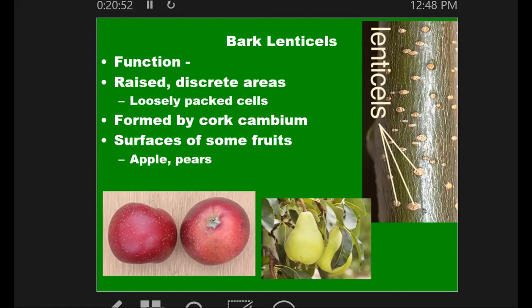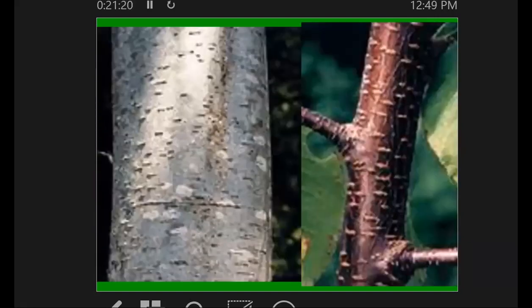Some apples and pears will have lenticels, but they're not produced from a cork cambium. They call them lenticels because it's the same function. It's these looser patches of cells to allow for airflow, essentially. So not because of a cork cambium per se, but it has the same function. So bark lenticels are helpful. Here's some that you can see with the naked eye.